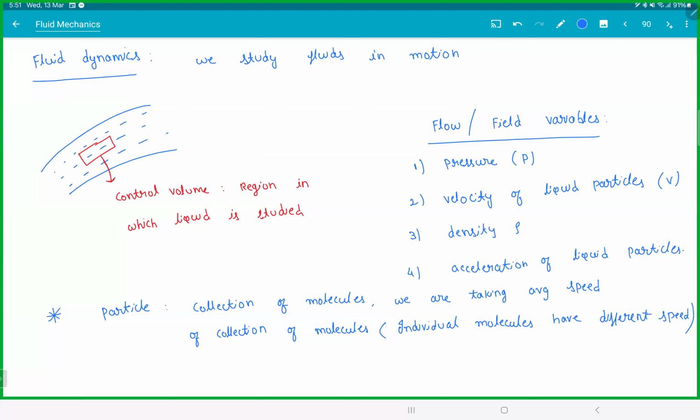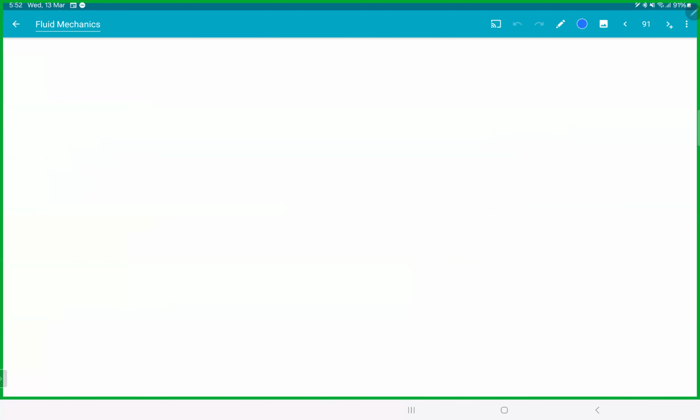Now, like I said, it's quite difficult to study liquid flow. So we limit our study to a very limited thing. We study only streamline flow. So we define something called a streamline. So what's a streamline?